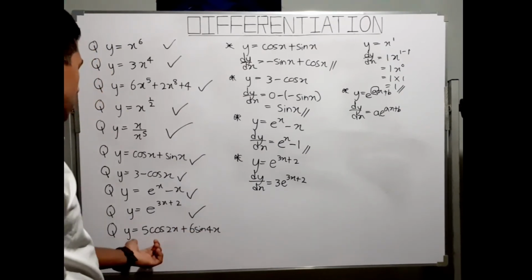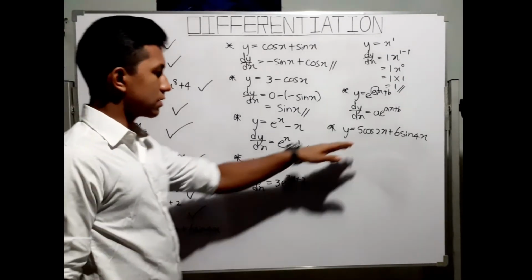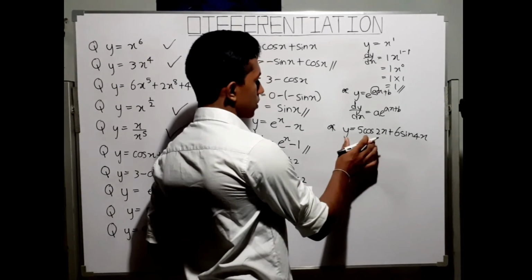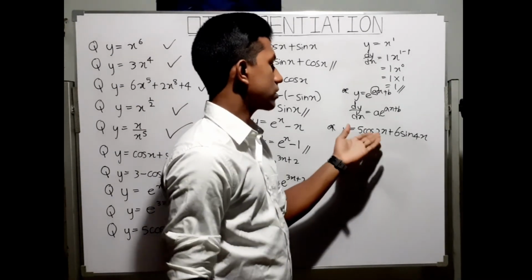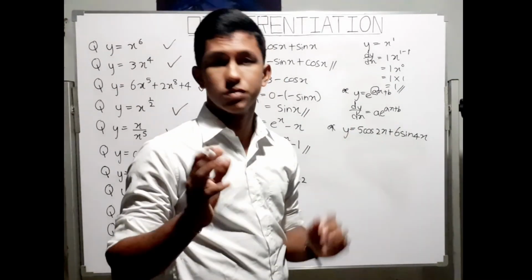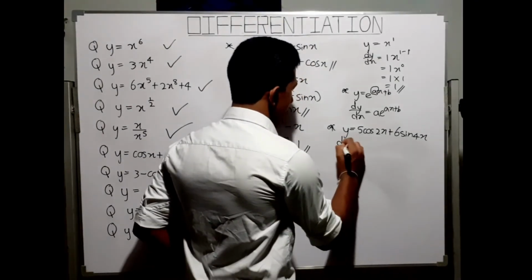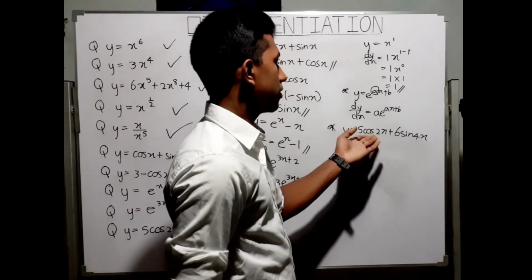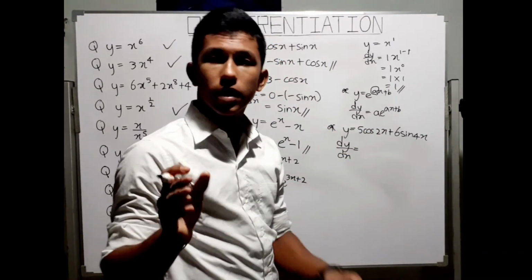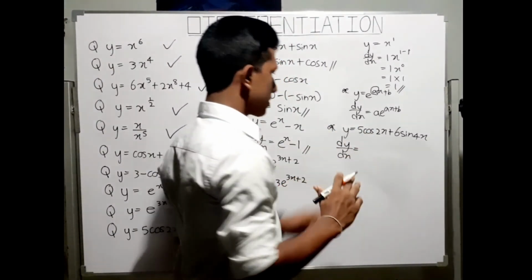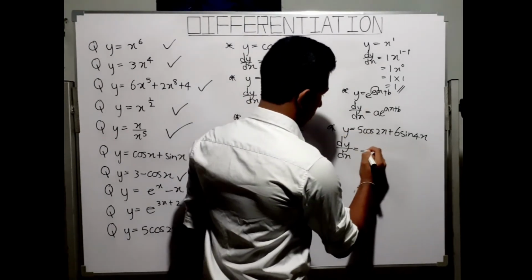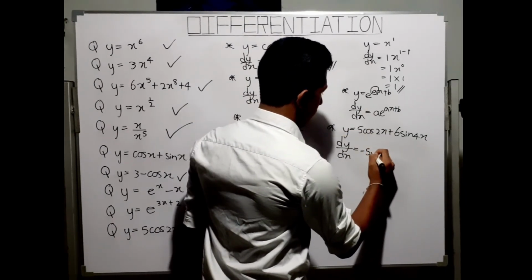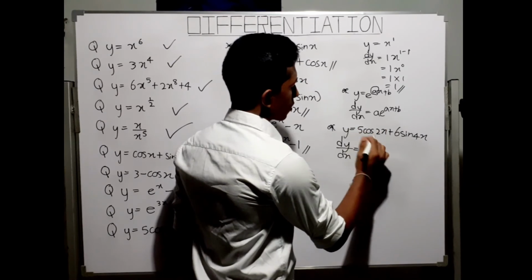So now we'll move on to the last question. So this is going to be that, and once you differentiate this, so now we learned cos ax and sin ax, what happens when you differentiate them. So we'll do that. dy by dx is going to be, when you differentiate cos ax, you're going to end up with minus a sin ax. So we're going to do that, and minus 5 multiplied by, so I'm going to take 2 out.